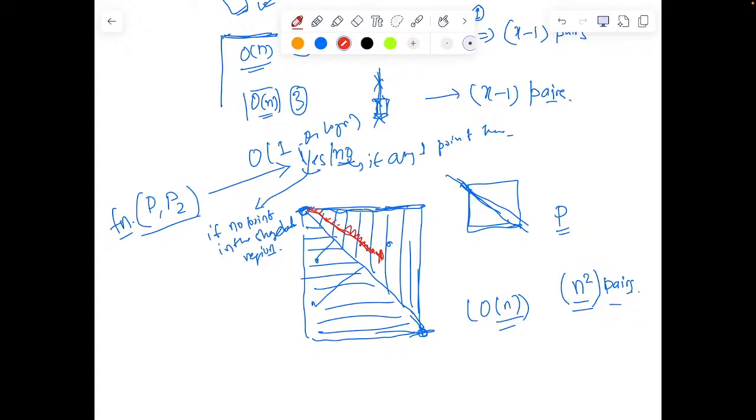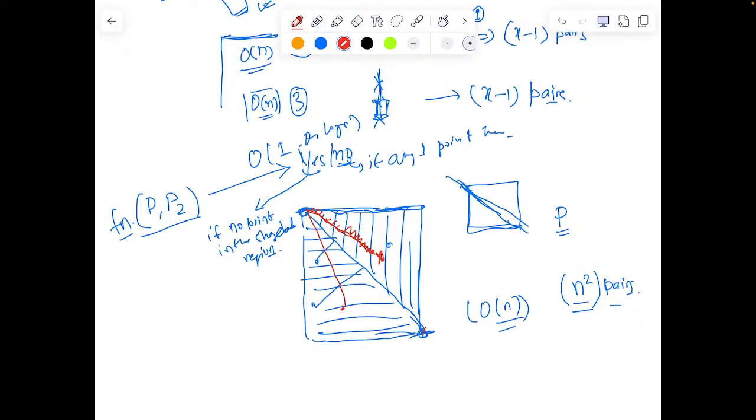So when I had these two slopes together, how can I say that is the case? Let me think of it. Whatever point lies here can be joined with this guy, right?